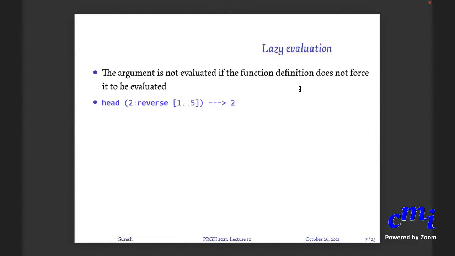For instance, head of 2:reverse [1..5] is 2. You don't even need to evaluate reverse, because the definition says head of x:xs is x. You don't care that xs is in general some expression of type list. It need not be an explicit list. Even here it's an expression: reverse of [1..5] is not a list, it's an expression whose result is a list.